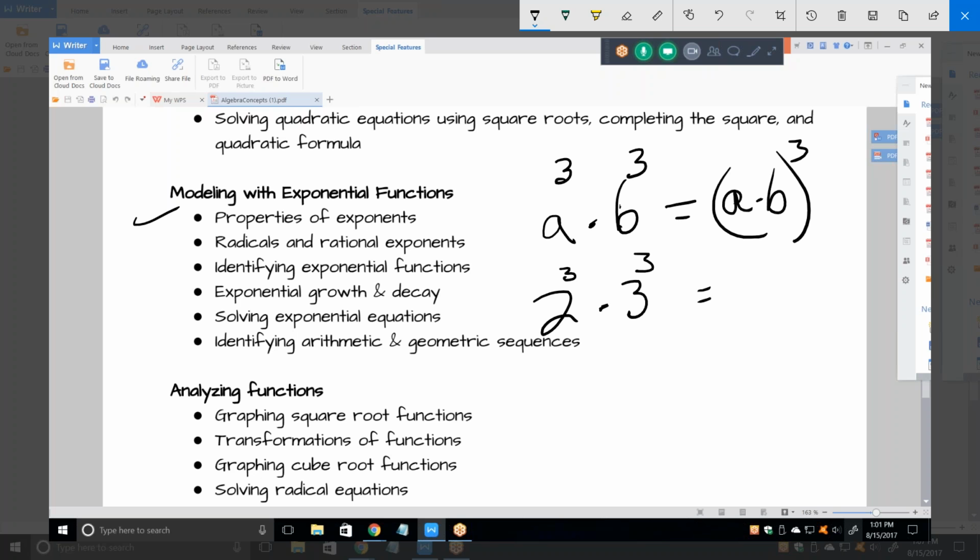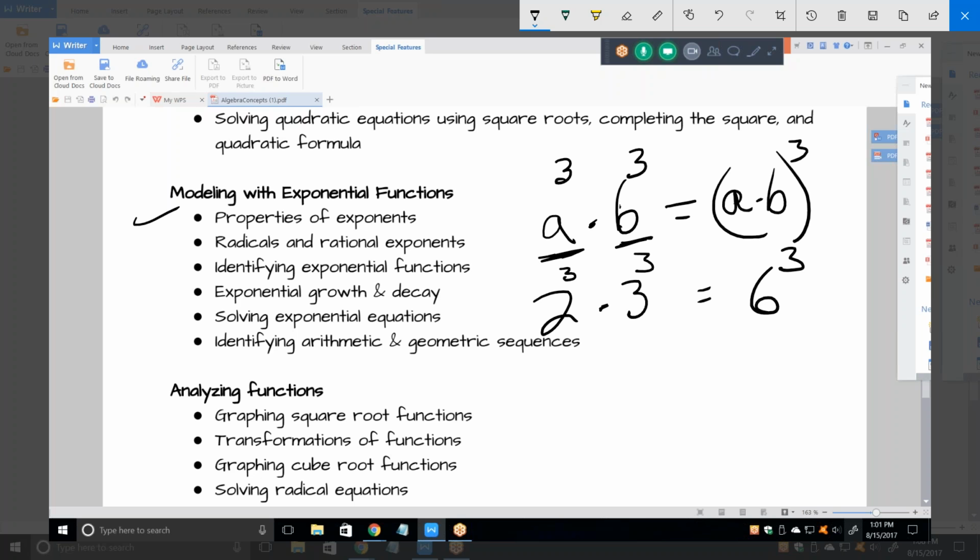It would be 2 times 3 to the... Give me a number. What's 2 times 3? Oh, 6 to the third. Yeah. Okay. So that's really a different rule because that's different bases, same exponent.